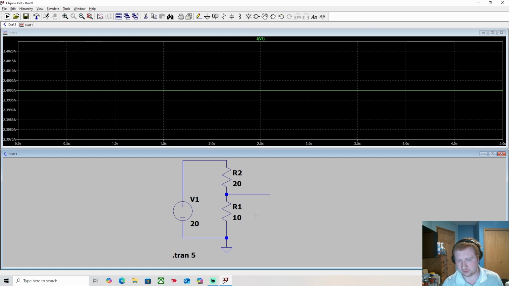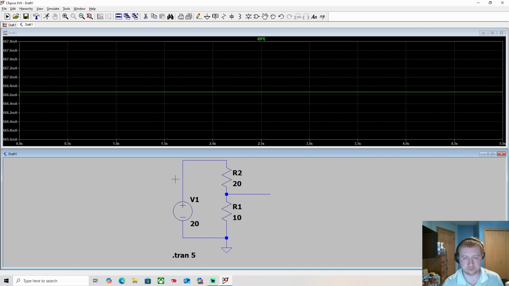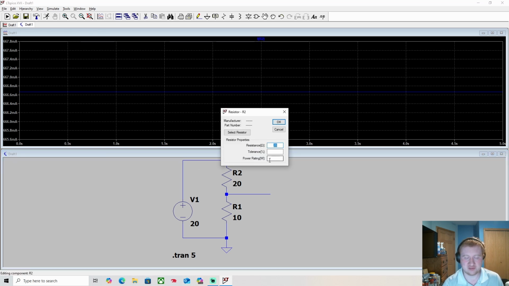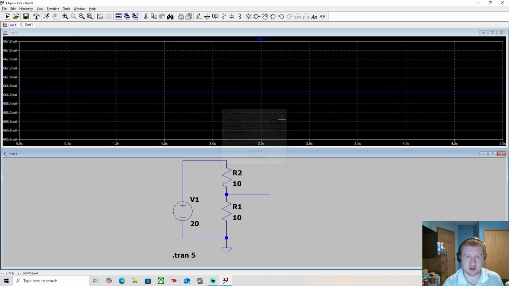If I run this, we should be getting a total of 20 over 30, which is 0.666 amps. So it'd probably make more sense to make it 10 to make it 1 amp.